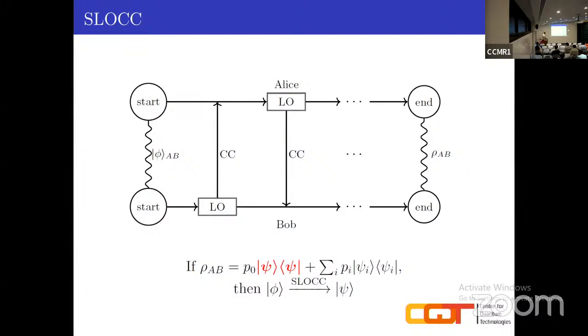Everything is the same except for the last step, where the pure state becomes a mixed state, and as long as this mixed state contains the state psi, we say that phi is SLOCC convertible to psi. Notice that if we have an SLOCC protocol transferring phi to psi, there is no guarantee that we have an SLOCC protocol transferring psi back to phi.